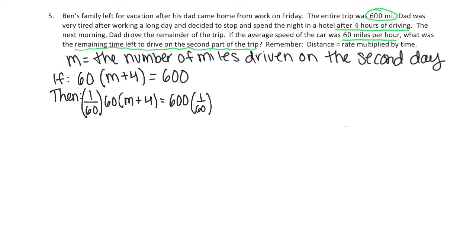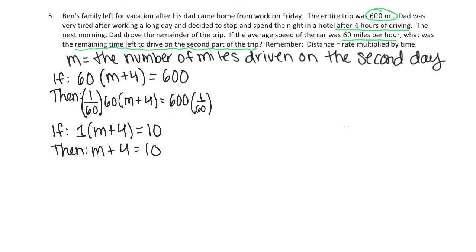Because when I multiply inverses together, that's going to give me a value of 1. So if I have 1 times m plus 4, that gives me 600 divided by 60, which is going to give me 10. Then I know that m plus 4 equals 10.